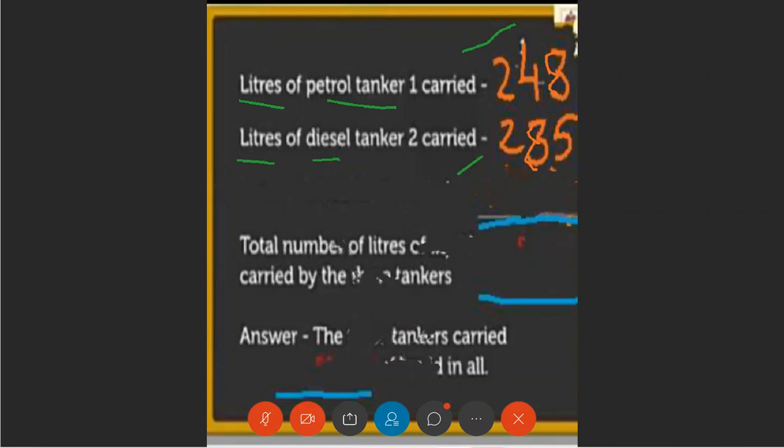Now what we have to do, we want the total number of liters carried by two tankers.